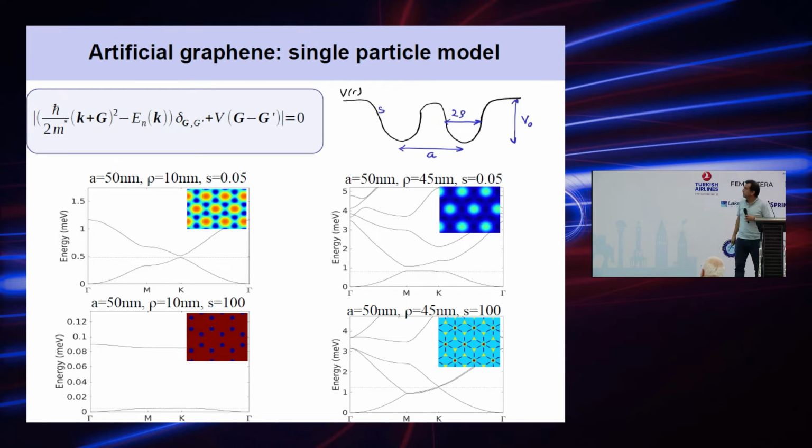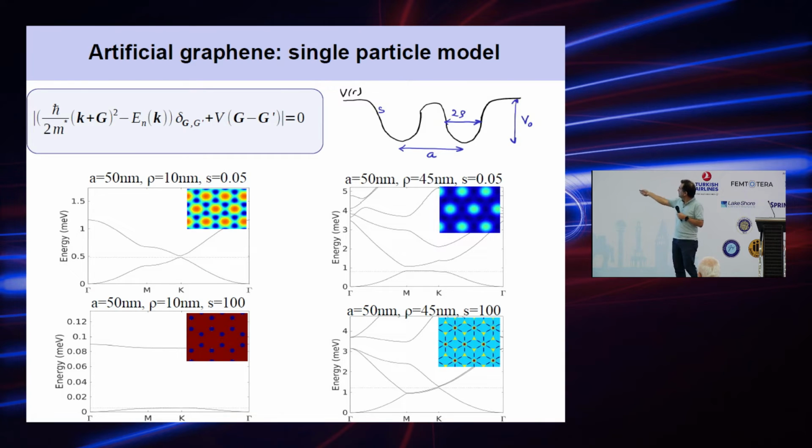As a first step, I'm going to talk about single particle properties. We can solve the Schrödinger equation in the effective mass approximation, for instance for gallium arsenide. We have a potential model with lots of tunable parameters. Rho is the radius of the well. S is the sharpness of the well.